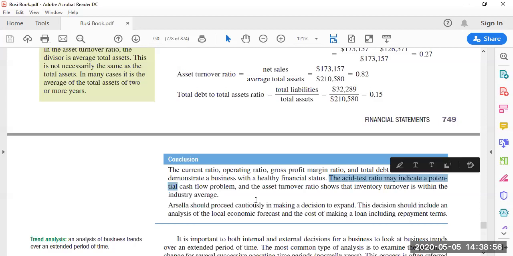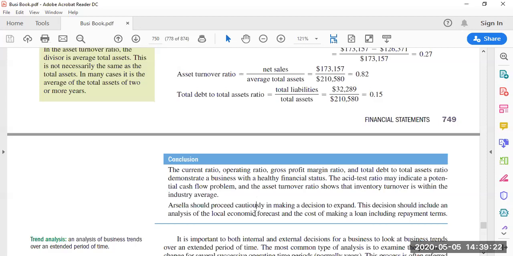So cash flow, sometimes companies are cash poor, don't have enough cash on hand. All right? And then the asset turnover ratio shows that the inventory turnover is within the industry average. So she should proceed cautiously in making a decision to expand. That asset test ratio makes us a little bit cautious.